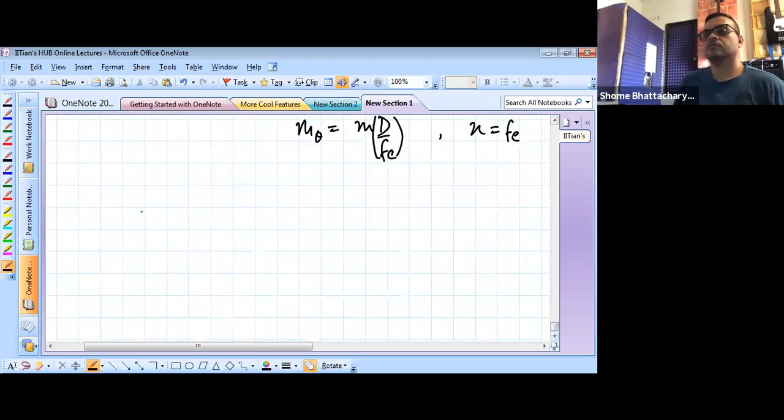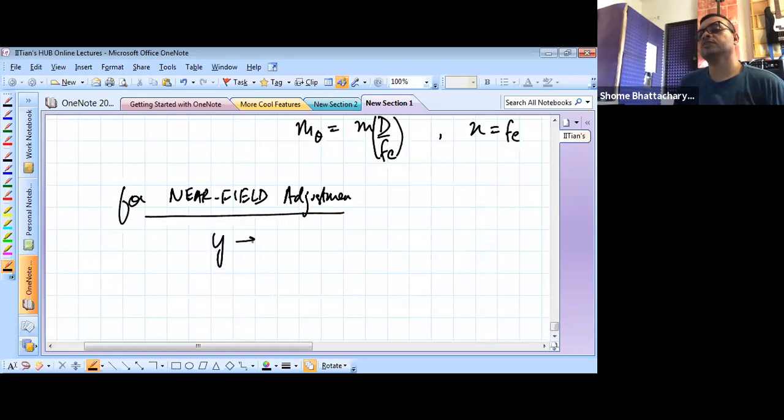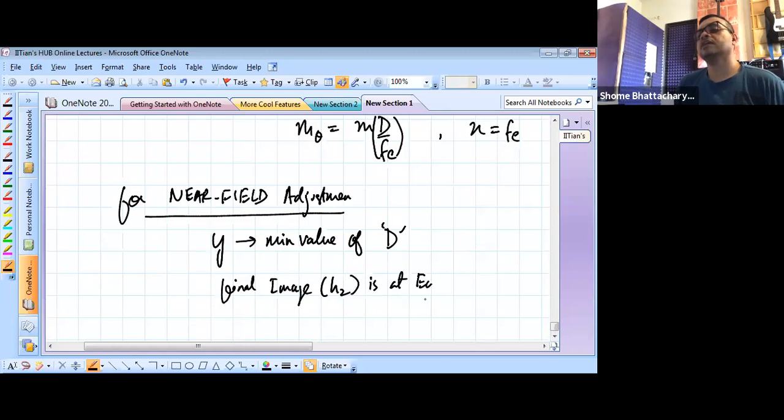Whereas for near point adjustment or near field adjustment, y should be at its minimum value of capital D. So the final image, of height h2, is at the eye's near point.